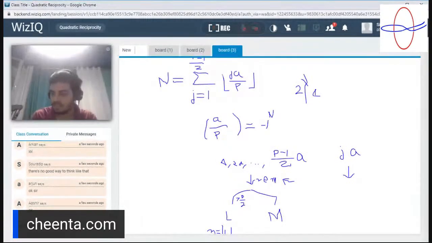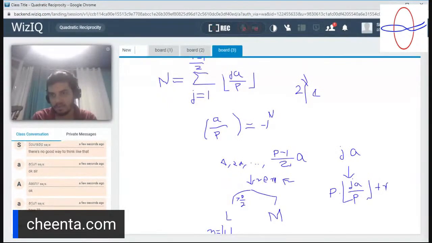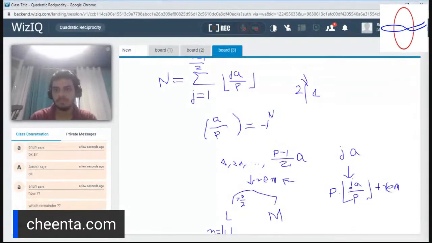Then what we can do here is write this as p times ja over p plus remainder, plus the value of ja mod p.